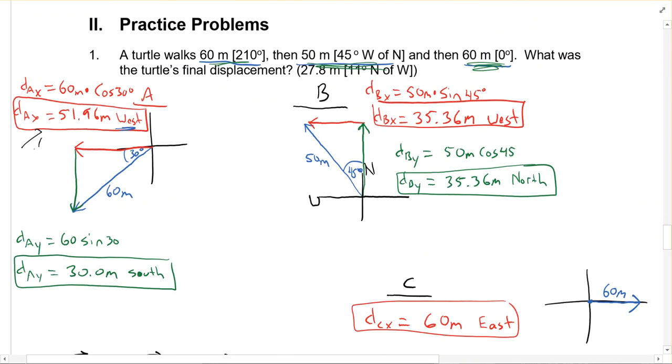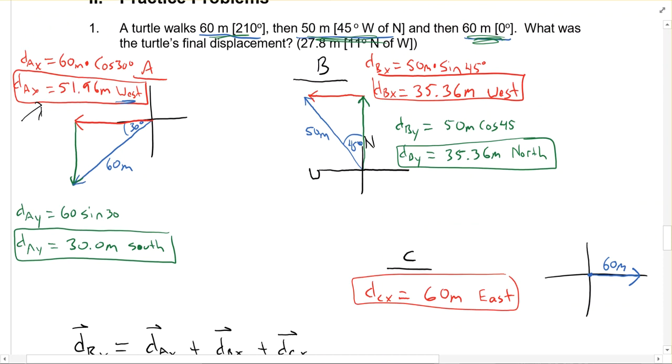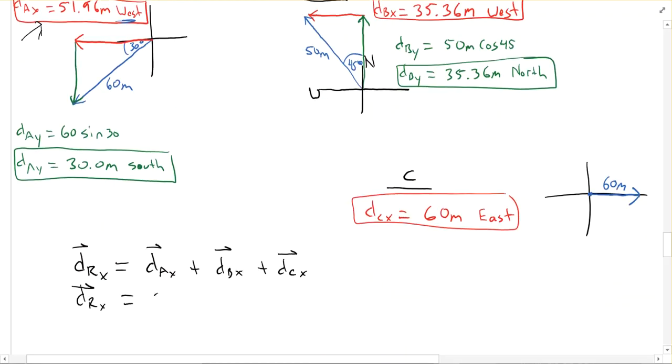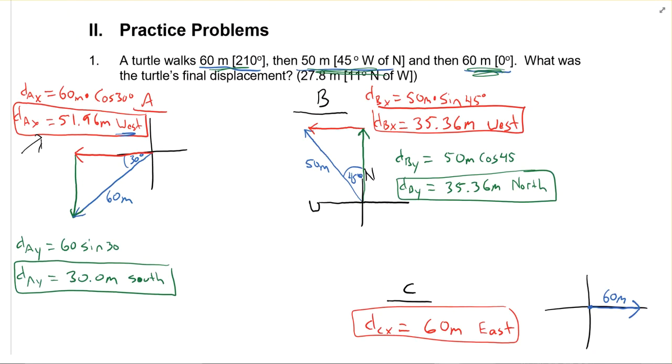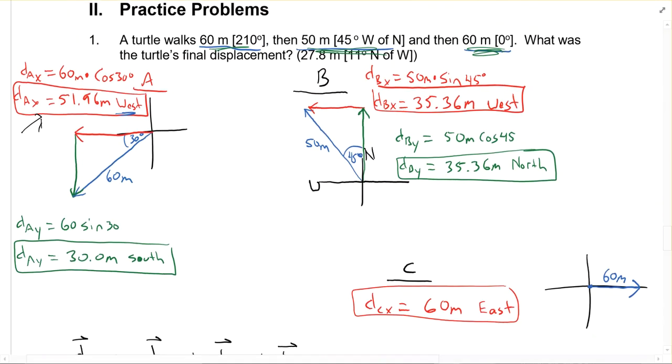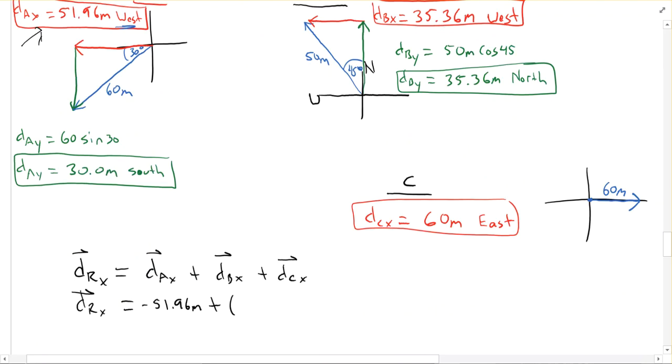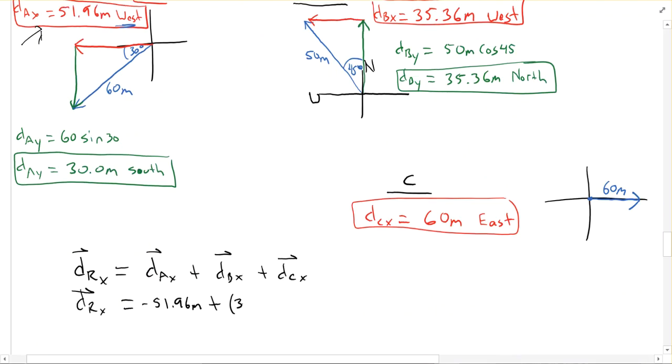It's west, so it's going to be negative. So we're going to say negative 51.96 meters plus, now this one's going to be negative as well because it's going west, so negative 35.36.